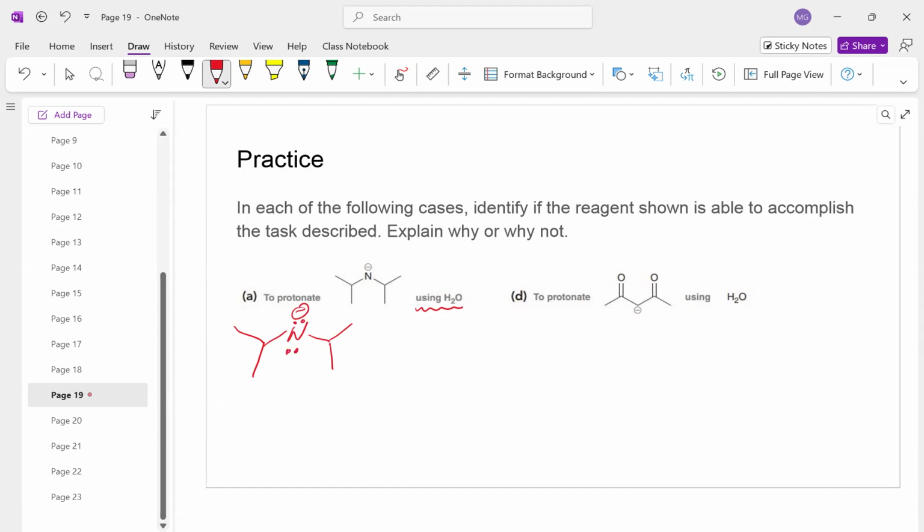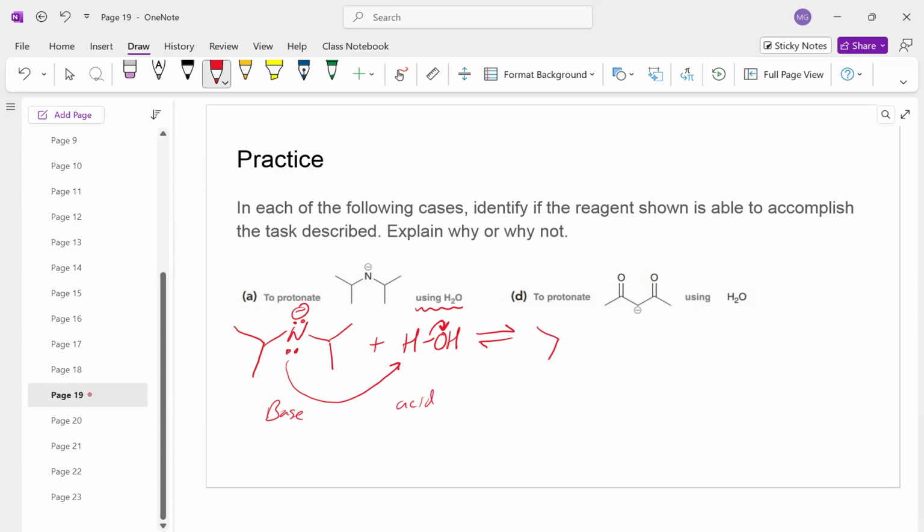I'm going to draw in the lone pairs of that nitrogen. Now, how do I know it has two lone pairs? It's got a negative charge. And we're going to react that with water. I'm going to draw water like this because we're going to get practice doing the mechanism. So water is going to be our acid. We draw a proper curved arrow showing the base pulling off a hydrogen from the acid, and then we move these electrons between the hydrogen and oxygen back to the oxygen.